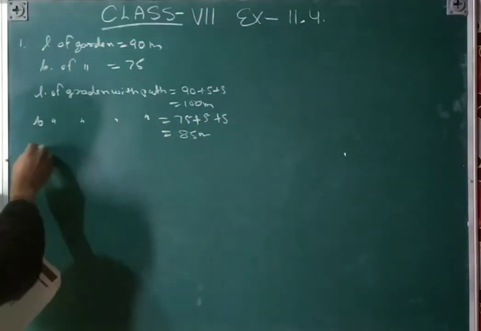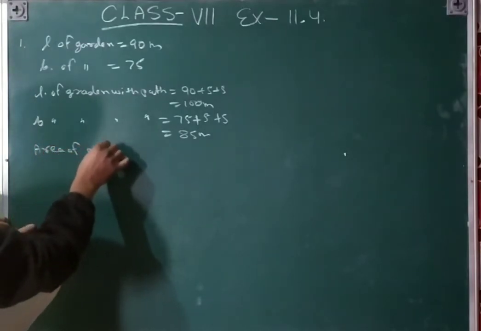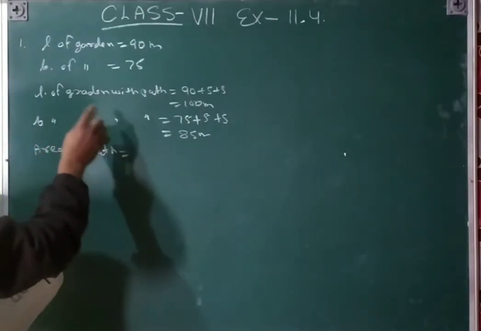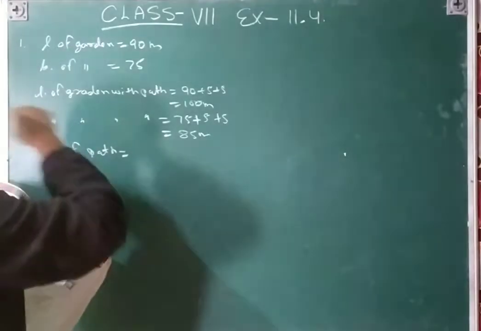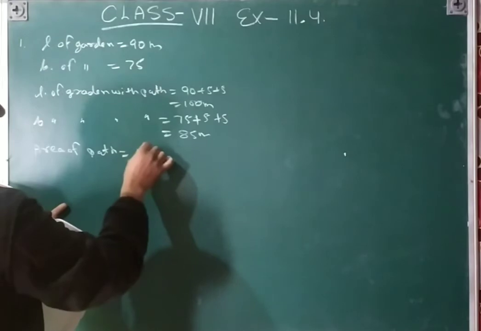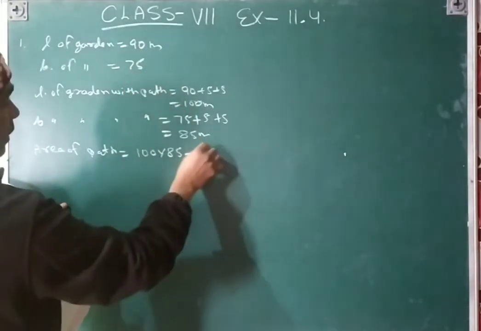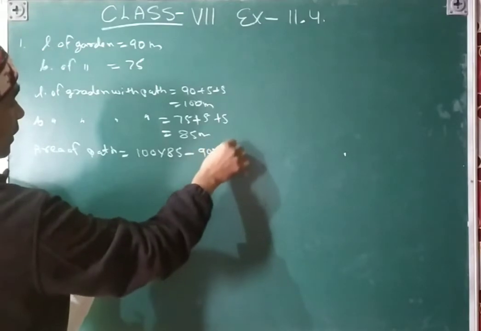So area of path is equal to the area of this one, 100 into 85, minus the area of this one, 90 multiply 75.